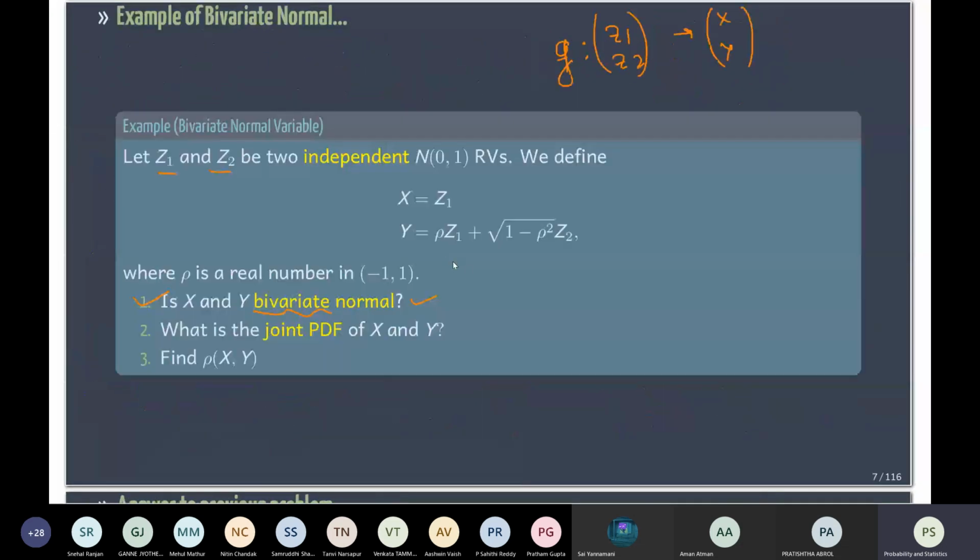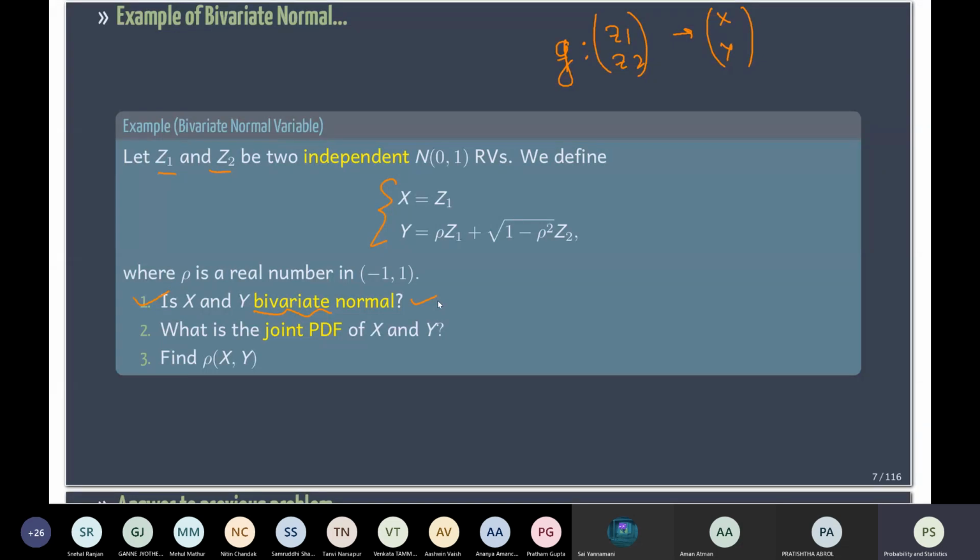So rho is equal to 0. Obviously from here also it's very clear: rho being 0, X is becoming Z1 and Y is becoming Z2. So there is no surprise that if rho is 0, then they will be just two independent normals.